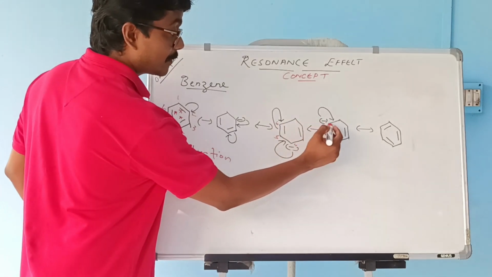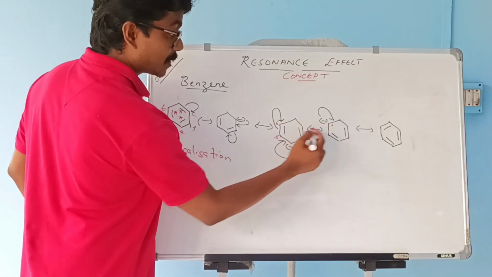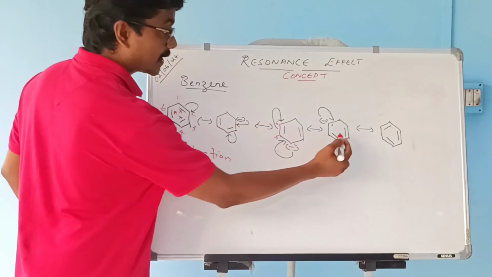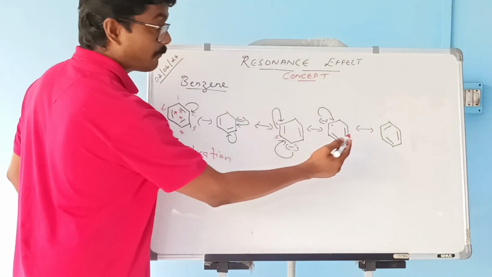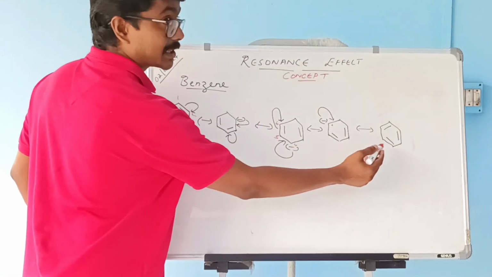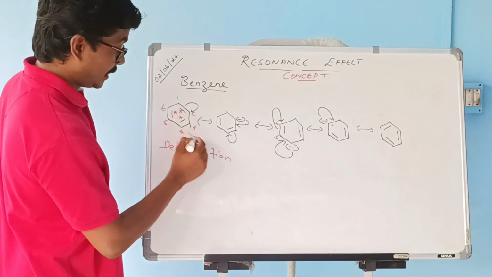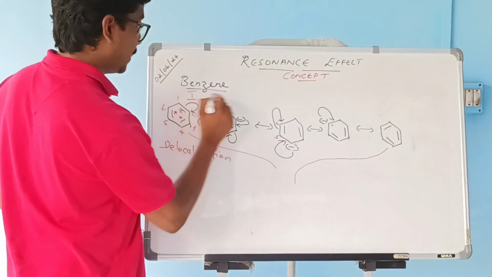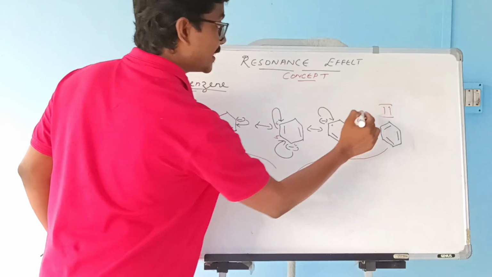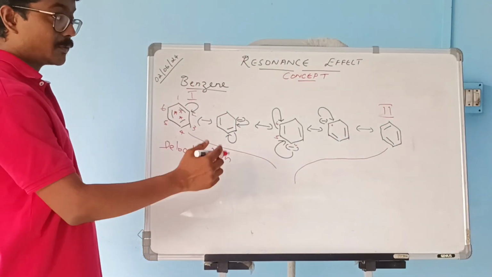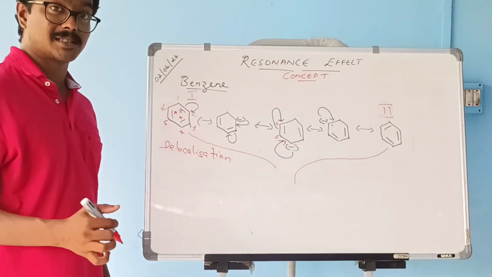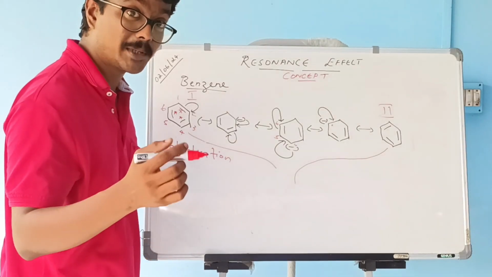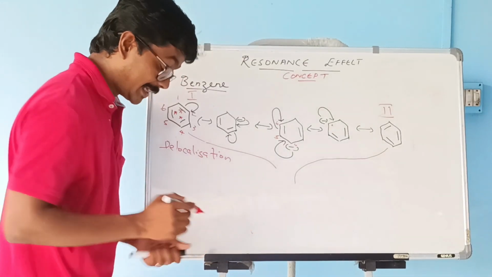So the negative charge will come to the sixth position. The pi bonds are alternately forming, and finally the last structure comes. The first and the last structures are called the Kekule structures of benzene.